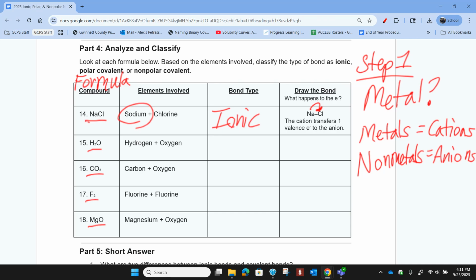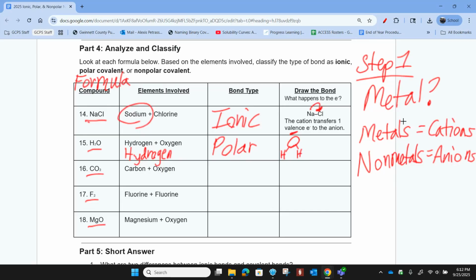Okay. Let's try H2O. So hydrogen plus oxygen. And actually, it's not just one hydrogen. It's 2 hydrogens. So hydrogen, because H2 means 2 hydrogens. Okay, so water, H2O, is always polar. So when we draw water, we have oxygen connected to 2 hydrogens.